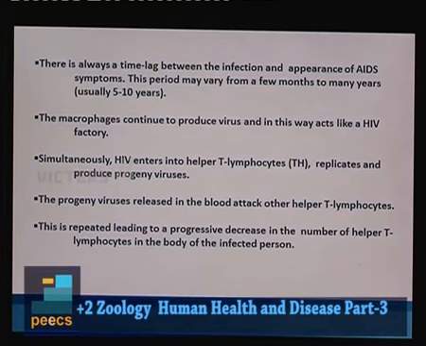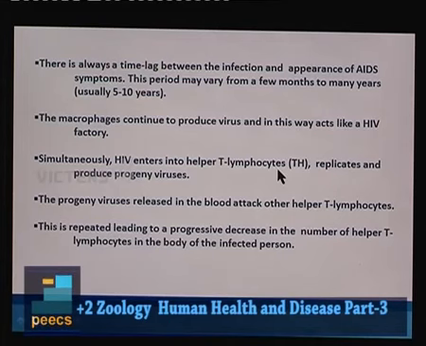Simultaneously, HIV also enters into helper T lymphocytes. You know, helper T lymphocytes are very much involved in immune responses. Only when helper T cells activate the B cell is it capable of producing antibodies.